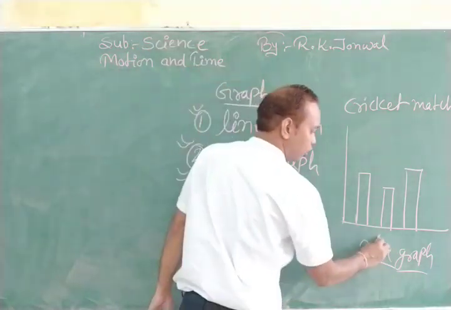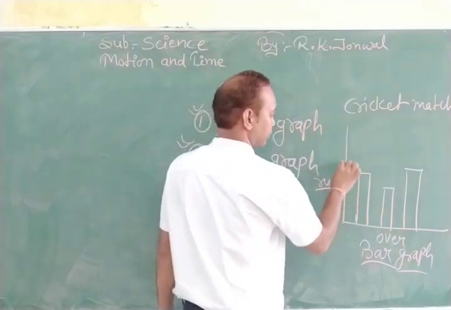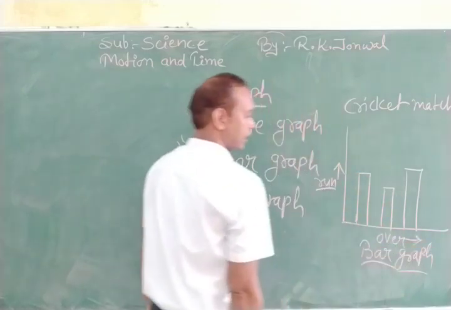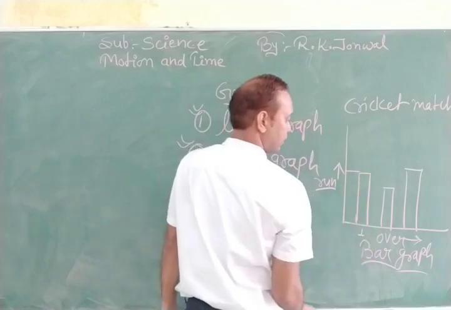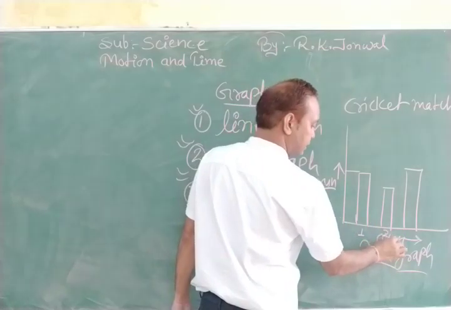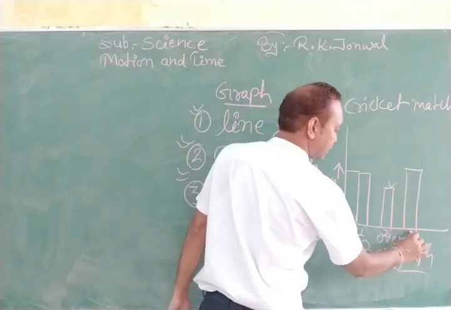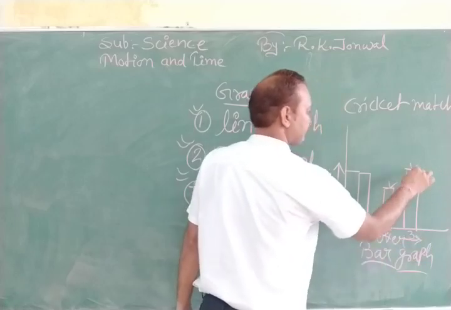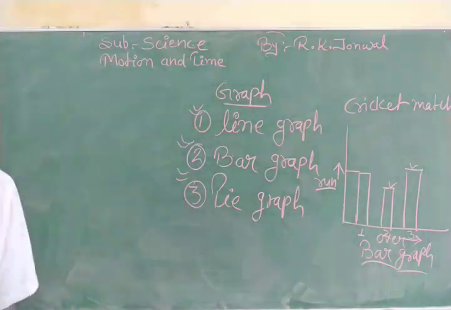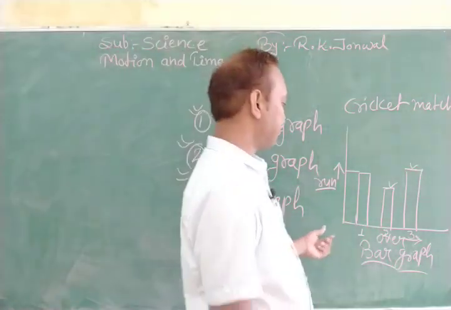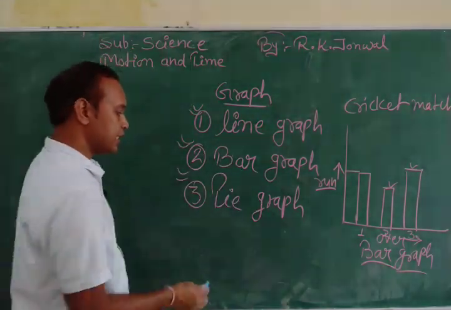Here is the over, here is the run. So you can say in the first over the run is this, in the second over the run is this, and in the third over the run is this. On the basis of this graph you can find out the runs made by a batsman in a particular over.